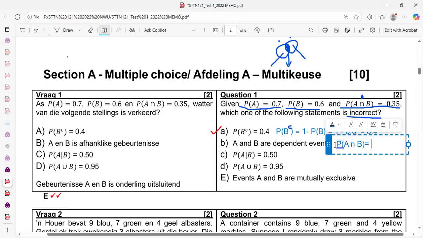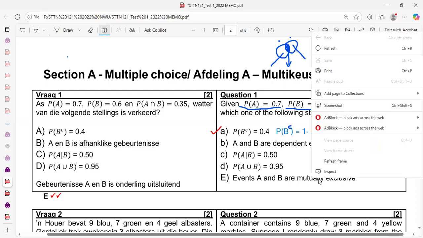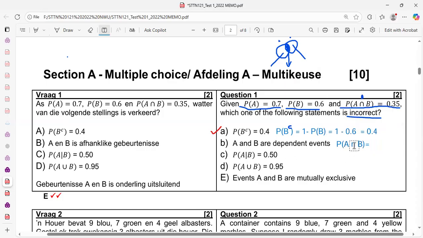So for us to prove that they are dependent, the probability of A and B must not be equal to the probability of A multiplied by the probability of B. Okay, this, I mean like this.